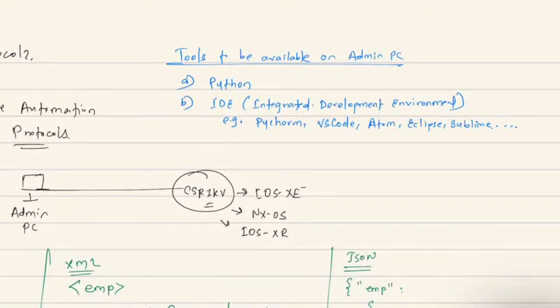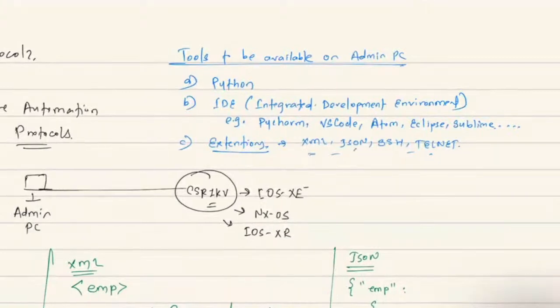After that, you need extensions to be installed, extensions like XML, JSON, SSH, and Telnet. All of these extensions must be installed inside the IDE so that your IDE can actually go out onto the device, create raw SSH sessions and raw HTTP sessions with those devices, and process XML or JSON data very easily.